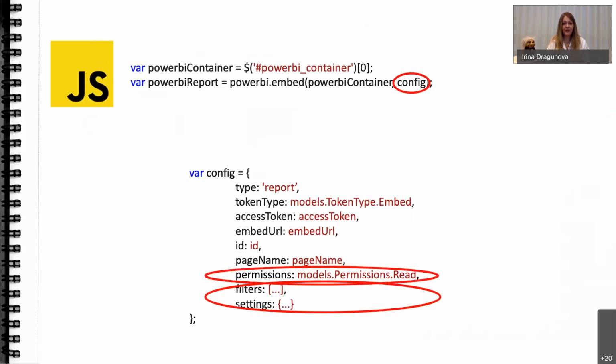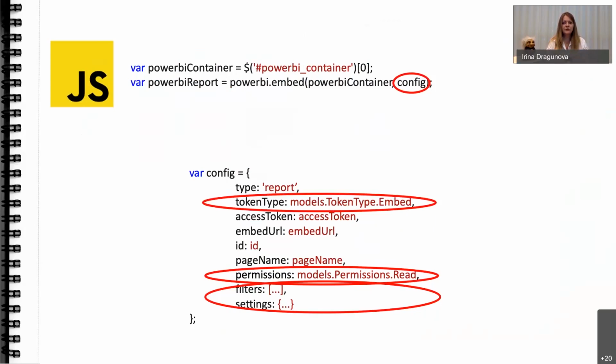Permissions. If your users are not supposed to edit the embedded report, which is most likely the case if you embed the report for your external users, then put read permission. Edit mode components will not be initialized and you will improve the performance. Type of token.